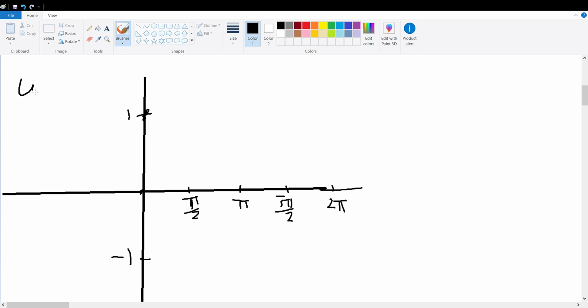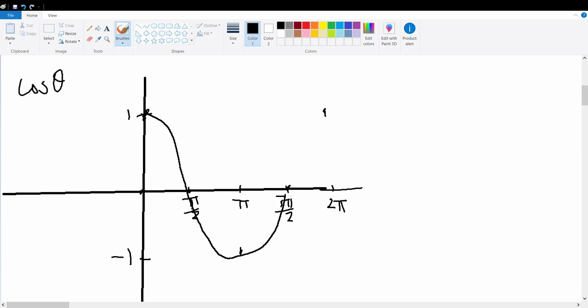And I should probably write, this is cosine theta, like so. And cosine of pi over 2 is equal to 0. Cosine of pi is equal to -1. Cosine of 3 pi over 2 is 0. And cosine of 2 pi is 1. And we graph out this function like so.